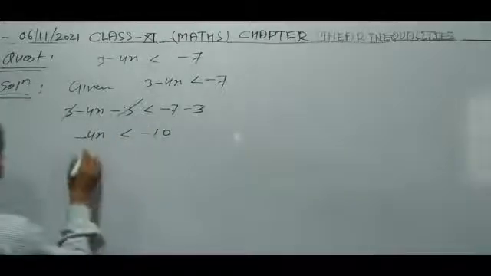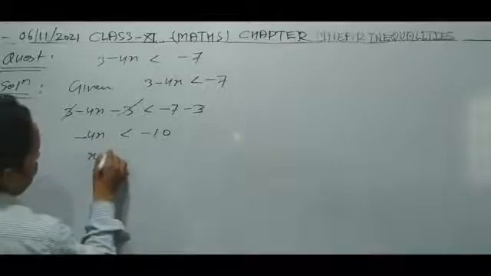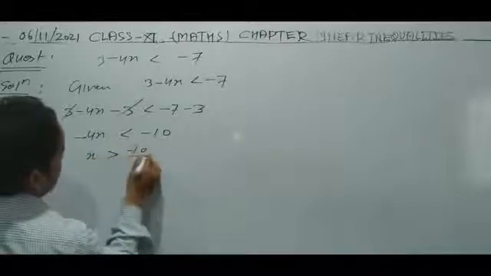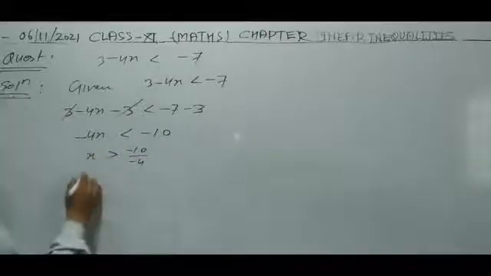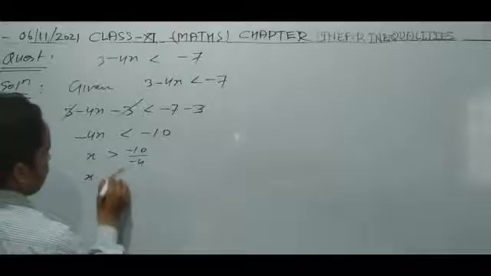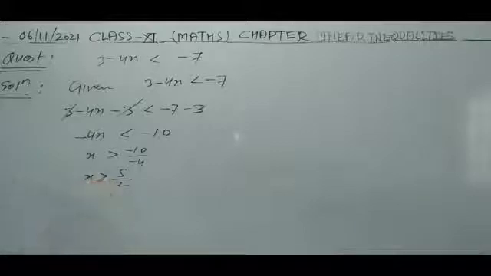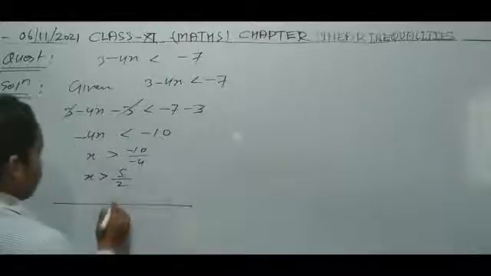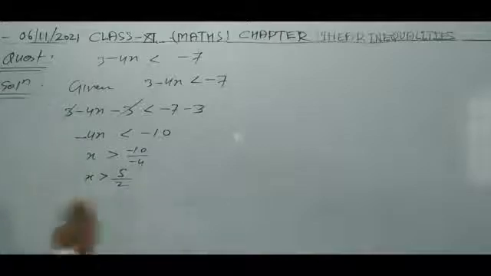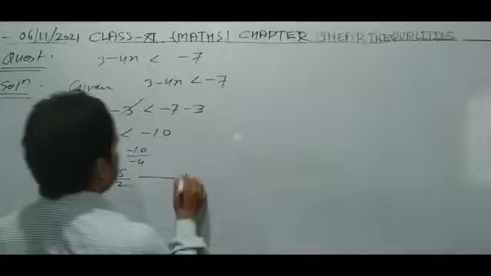Now x will be more than -10 by -4 and the result will be 5 by 2. The result will be more than 5 by 2. Now more than 5 by 2 means, on the number line representation, consider this is equation 1.